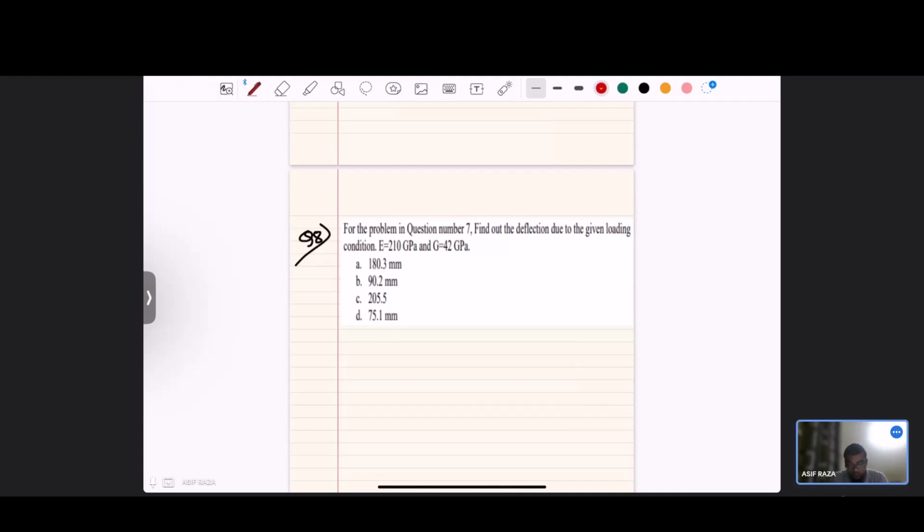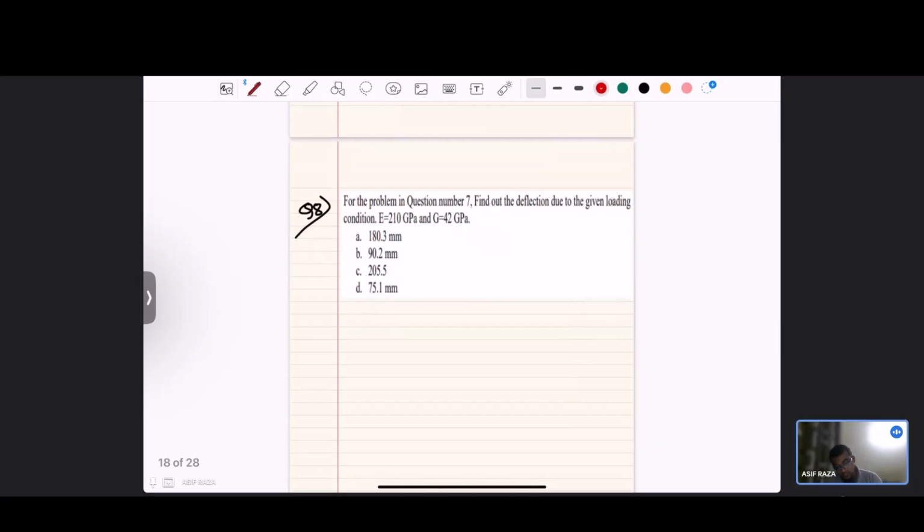Okay, this is in continuation with the above question. For the problem in question number 7, find out the deflection due to the given loading condition, and this time we are given the value of Young's modulus and modulus of rigidity.